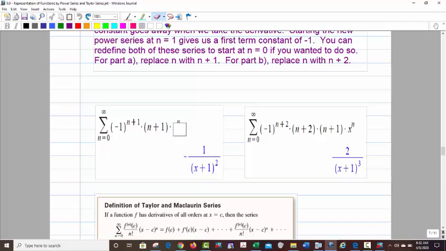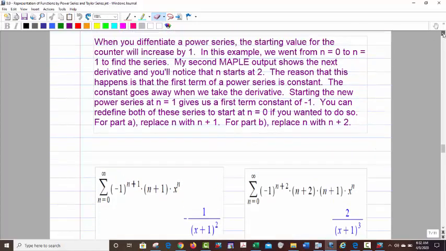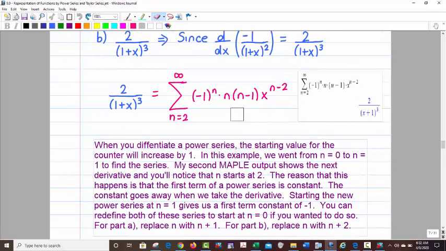Remember, that was n minus 1, so you put in n plus 1, that becomes n. It's whatever makes this x to the n. That's what we're doing. So that's why it's n plus 1 here, and it was n plus 2 here, because remember that one was n minus 2. So you put n plus 2 here, you get n plus 2. You put n plus 2 here, you'll get n plus 1, and then x to the n.